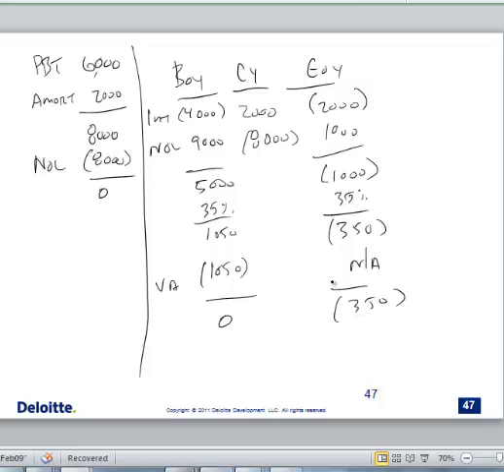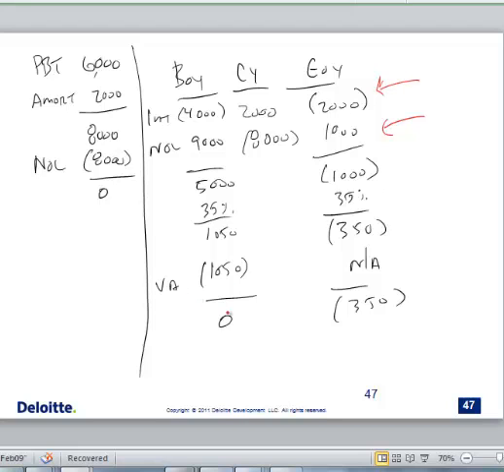Right? I've burned through most of my NOLs, but I still have more IP DTLs, intangible DTLs.